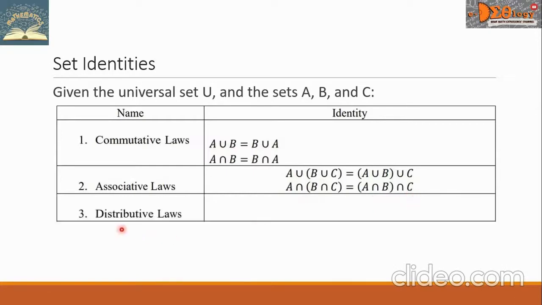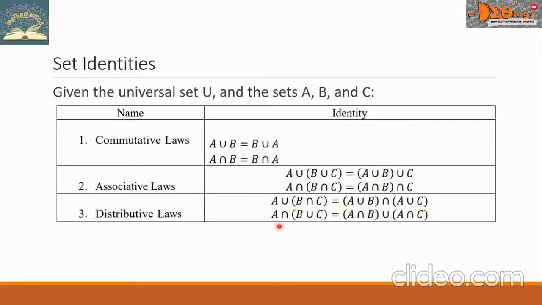Third is distributive laws. Number 1, A ∪ (B ∩ C) equals (A ∪ B) ∩ (A ∪ C).